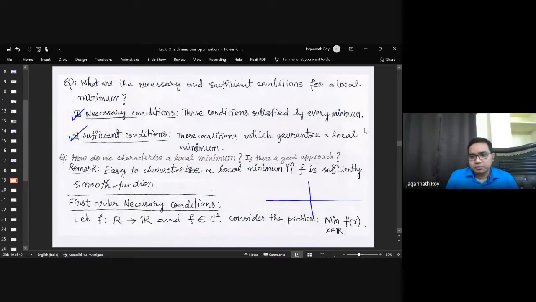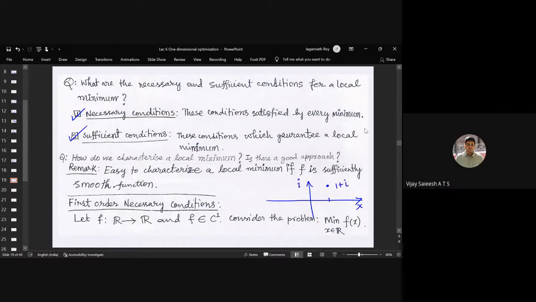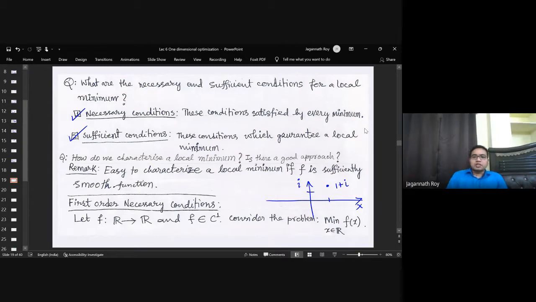So 1 plus i. What will be the meaning of i? i will be root over minus 1. If you say your resource is 1 plus i, one variable is this part, x1.